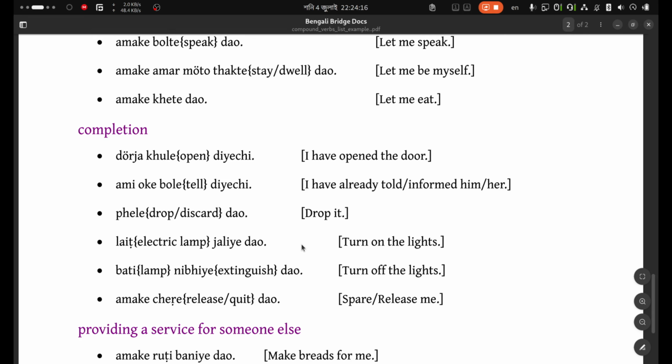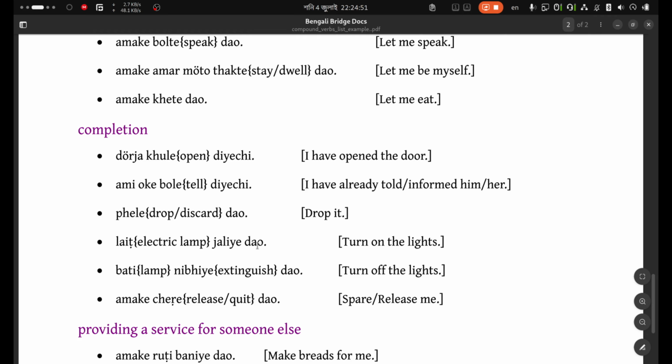The next sentence, light jaliye dao. Just like the previous example, we could have said light jalao. That would be a simple command, but we are using dao, light jaliye dao. So it can mean various things. Like if the room has multiple lights, light jaliye dao would mean get the job completed, like make the room well lit.